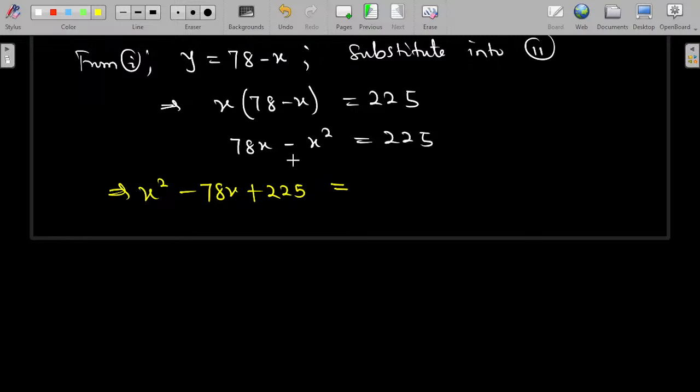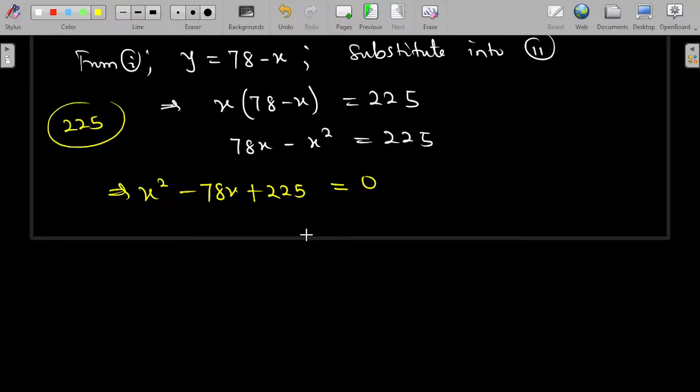Everything this side will now be 0. So you are solving now a quadratic equation. And then of course you are looking for two numbers that you will multiply to get 225, and when you add, you will get minus 78. And what are those two numbers? Let's look at 3 and 75.